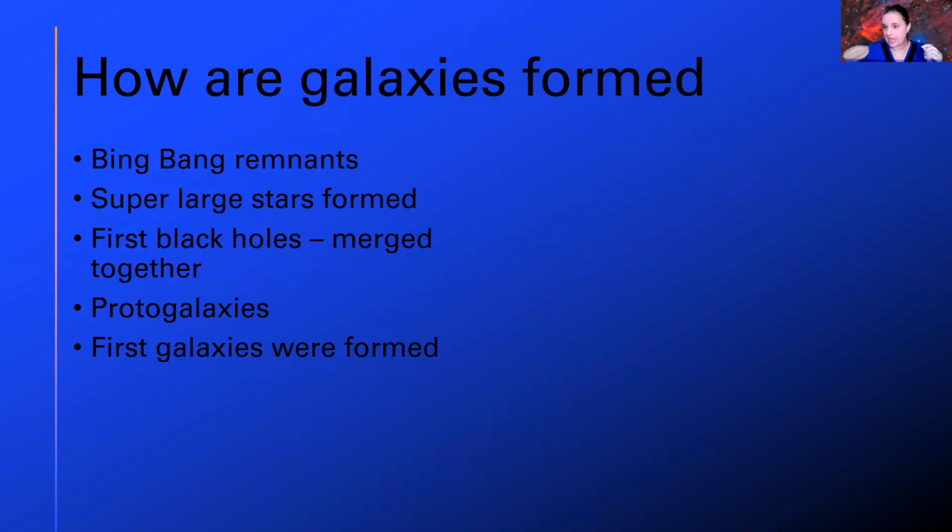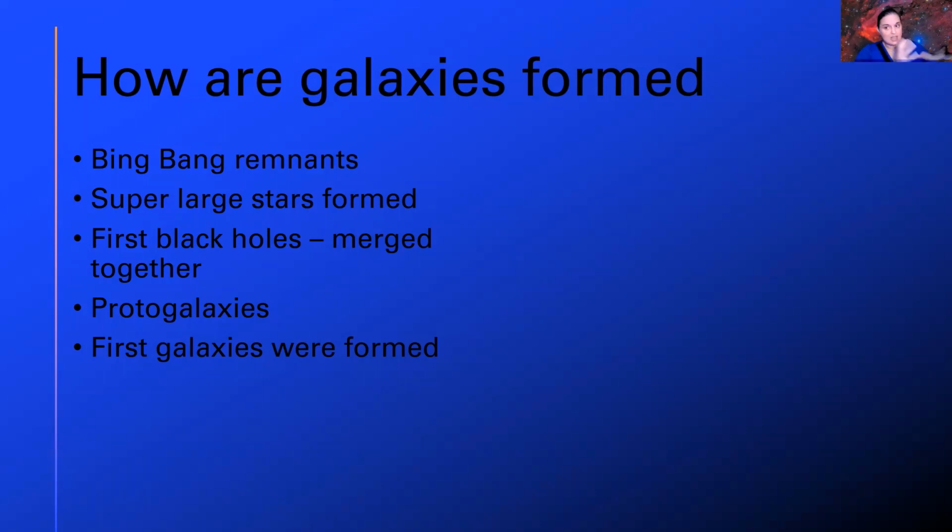But since those stars were so big, they lived very short lifetimes, and they went through their stellar death to create the first black holes. Then those black holes started to merge together, and as they merged, material started to go in orbit around them, creating the first proto-galaxies.